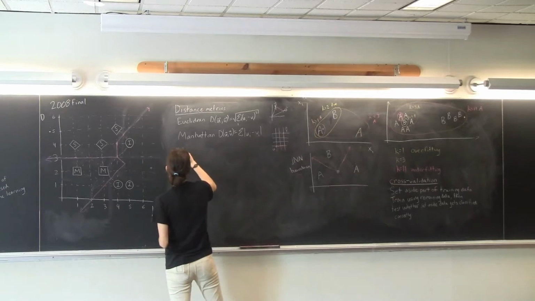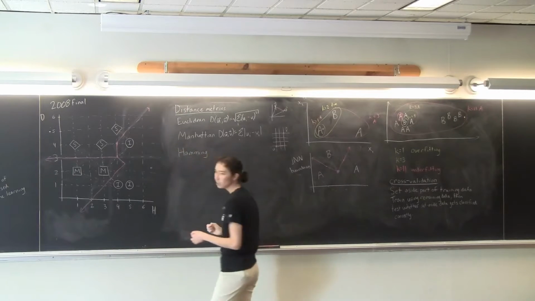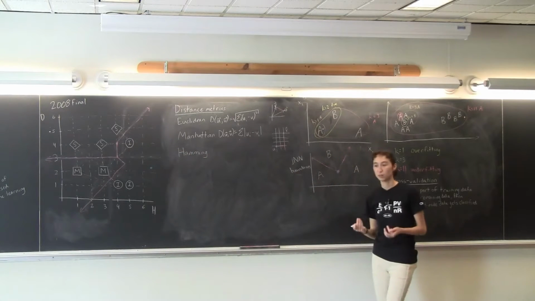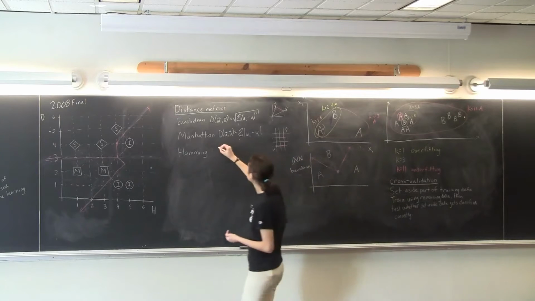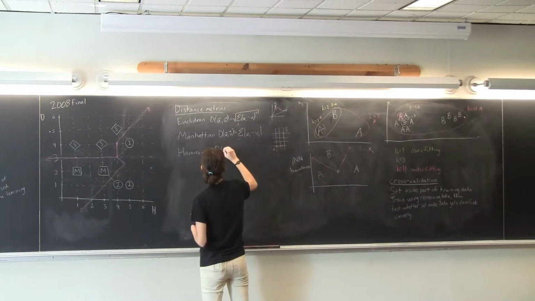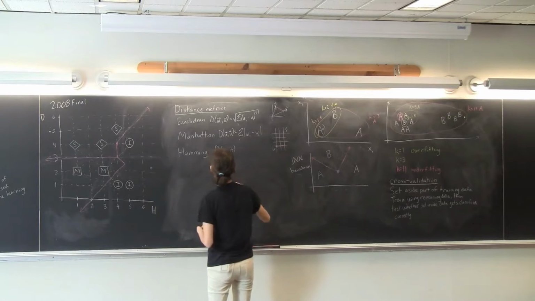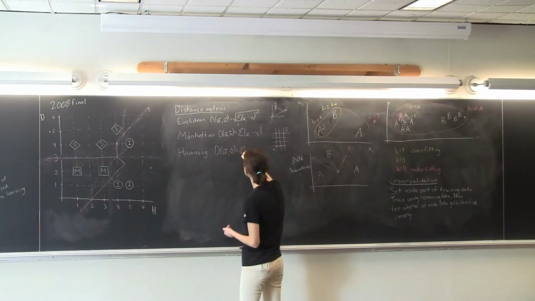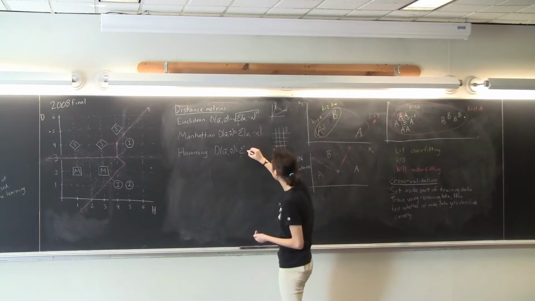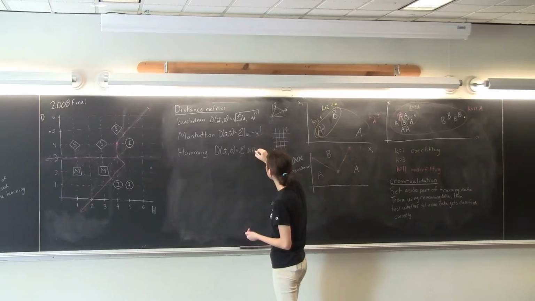And then we have Hamming distance. Hamming distance is useful if you want to compare symbolic things, because it just looks at whether the vector components are the same or not. So it'll be the sum over all of the components and just asking whether they're different or not.